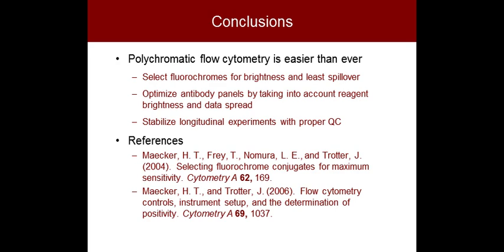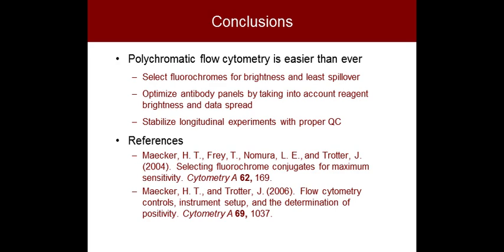But overall, in conclusion, I want to say that polychromatic flow is really easier than ever. We now have some really bright, nice choices of fluorochromes that can make combinations up to 12 or even 14 or 15 colors quite possible and not that difficult.